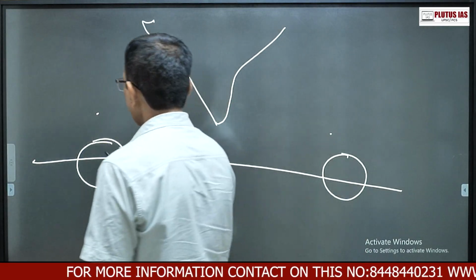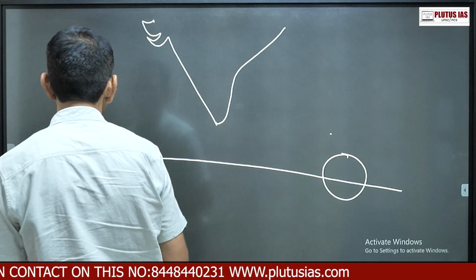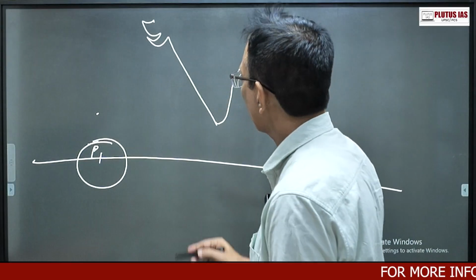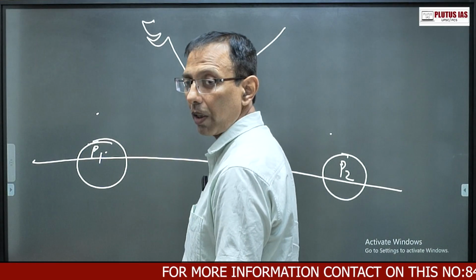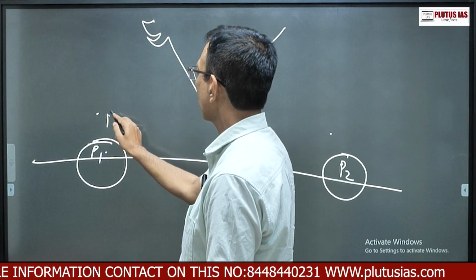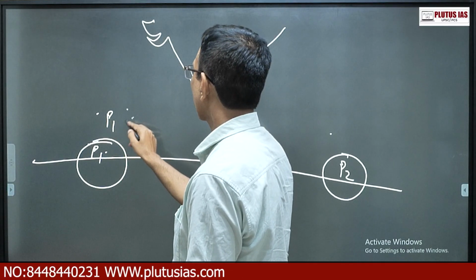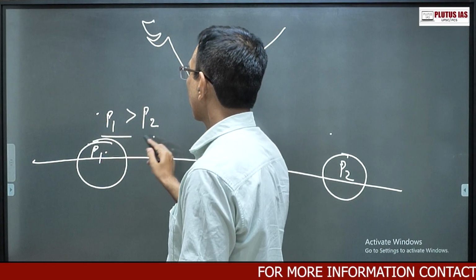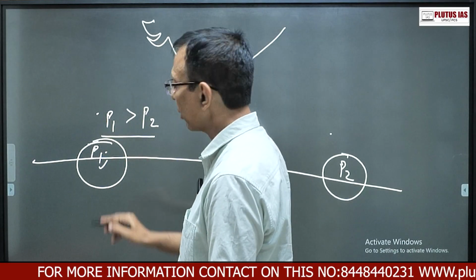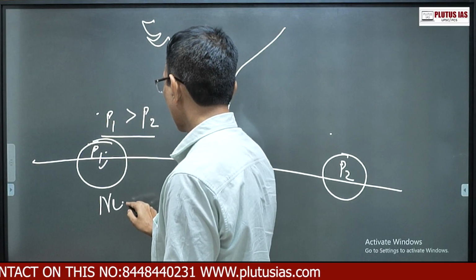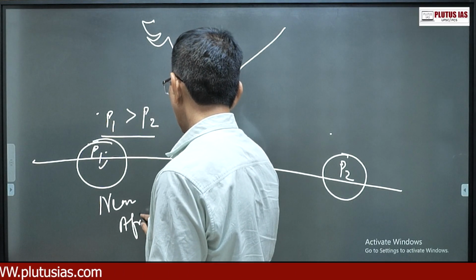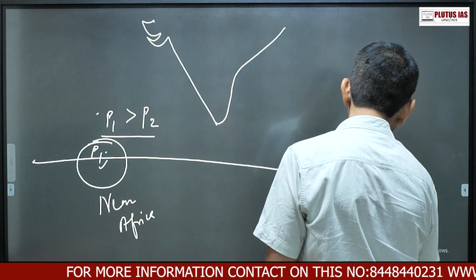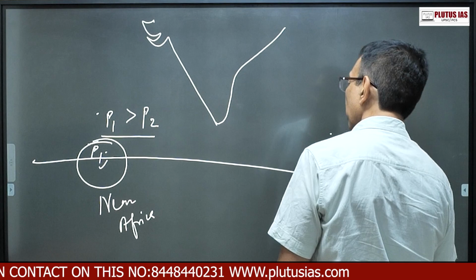Studied as, see, if the pressure is P1 and pressure is P2, and the pressure of P1, the point near Africa, is greater than P2, the point near Indonesia.